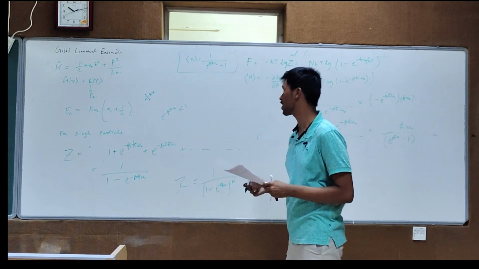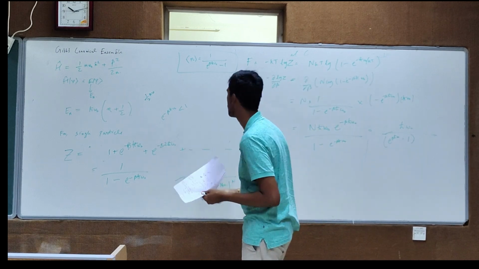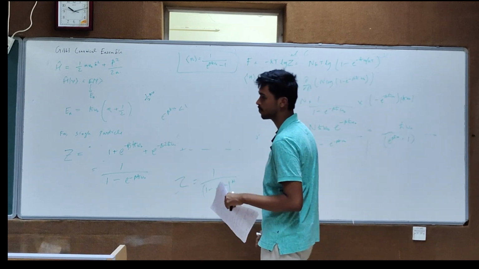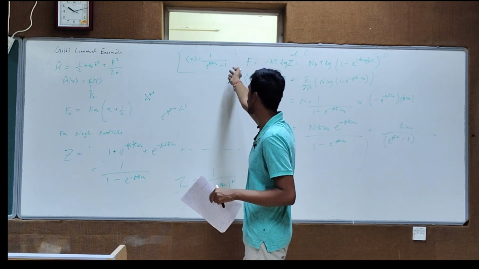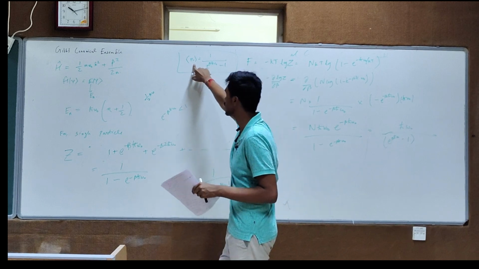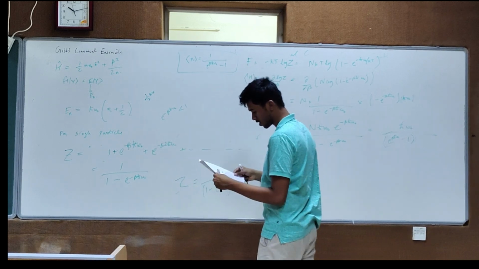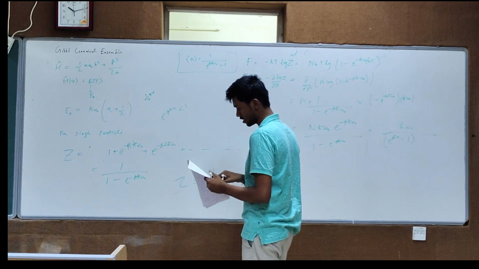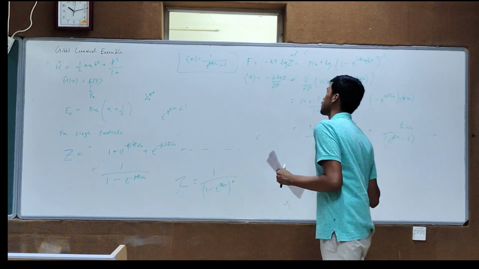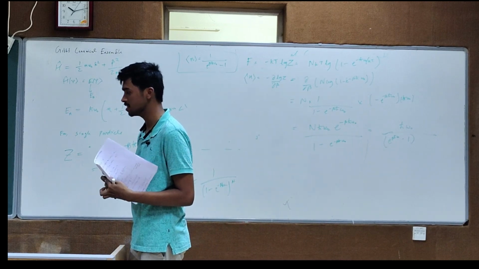So, given a harmonic oscillator in a thermal bath, you would have the particle on average on this state n, given by this quantity. Right, so this concludes the examples.